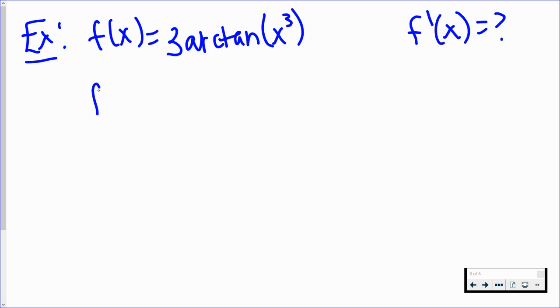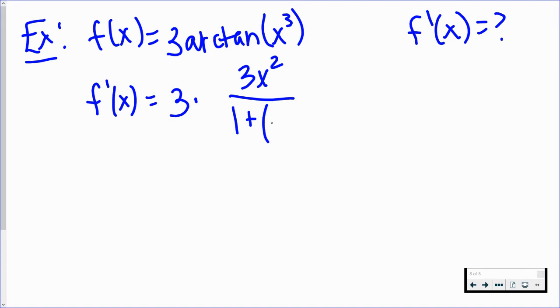So if we take the derivative, 3 is a constant, so we're just going to multiply. Now let's take derivative of arc tangent of x cubed. The u is x cubed, so the derivative rule here is u prime over 1 plus u squared. U prime would be 3x squared over 1 plus u squared, so 1 plus x cubed all squared.